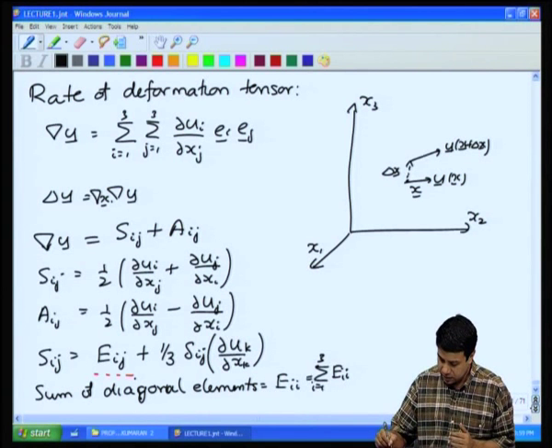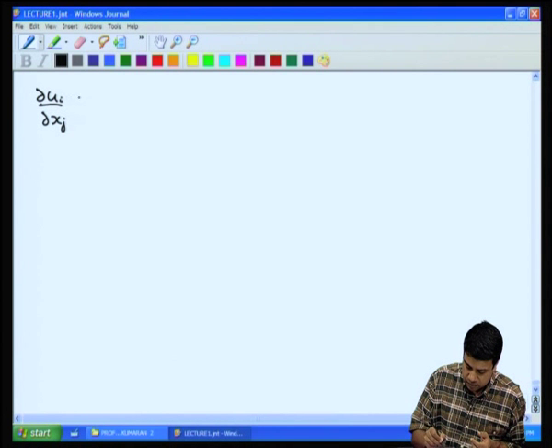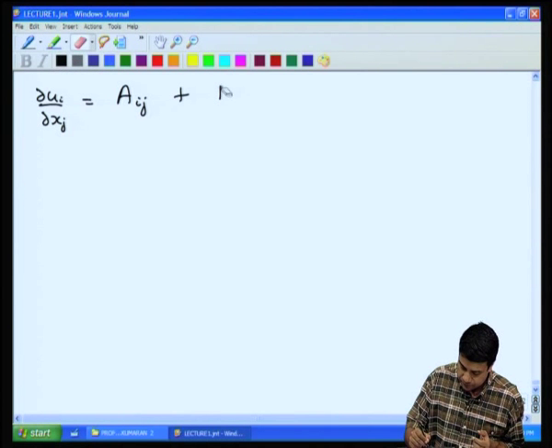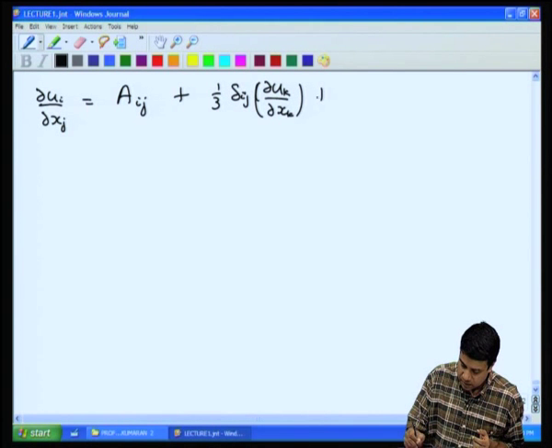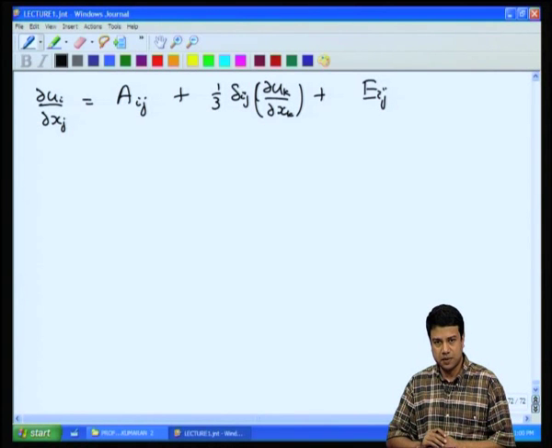So, this rate of deformation tensor can be separated into 3 parts. It is equal to the antisymmetric part plus the isotropic part, plus Eij, the 3 parts.